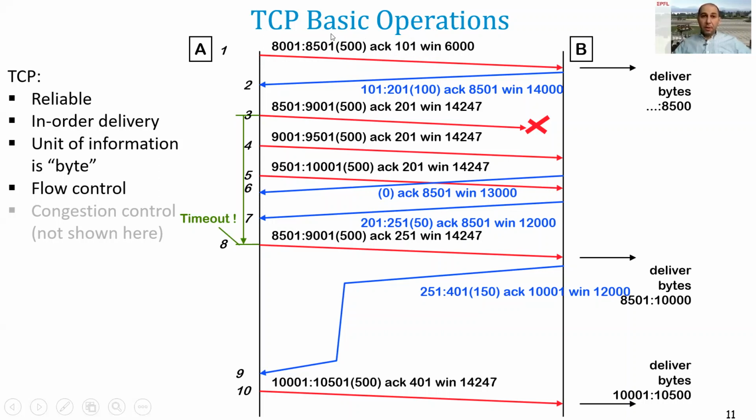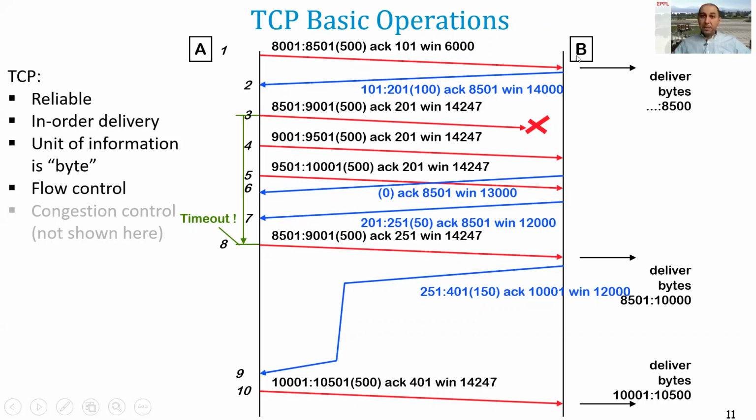Also, A sends what we call a sliding window of 6,000. This means that A is able to receive up to 6,000 bytes before having a buffer overflow. So this is a way to control the throughput between A and B in a way that both ends are able to handle the data that's sent.